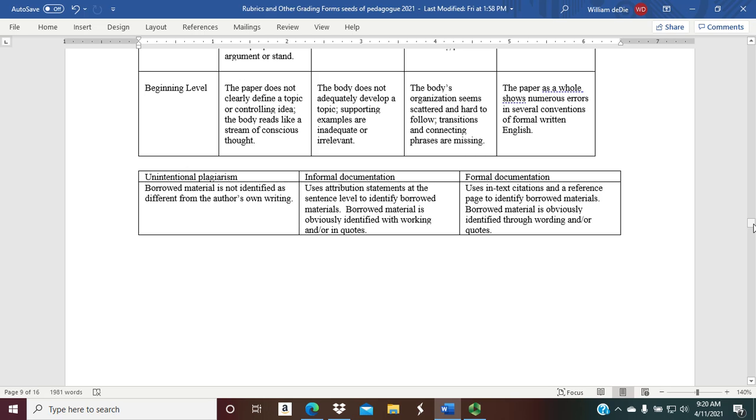This allows the paper to be examined for full documentation and informal use of MLA or APA if that is required, informal documentation if simply the attribution statements and quotations are needed, or unintentional plagiarism where borrowed material is not identified as different from the author's own. This is one of the cases where two rubrics can actually be joined together to take a look at one single assignment.